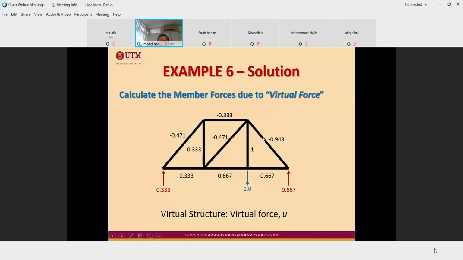Actually, I have another method. You have the joint method, the section method, the resolution method, but I have another method, number 4, which is also resolution, and we call it resultant.